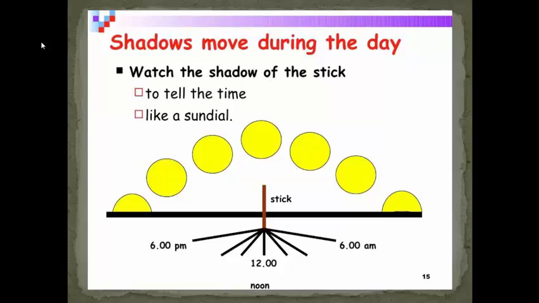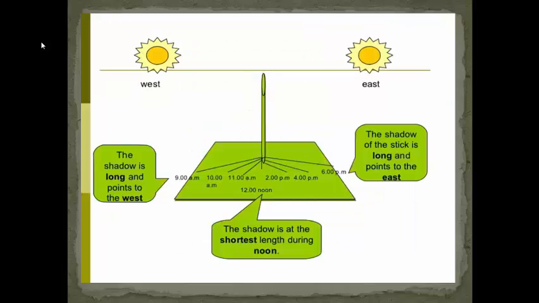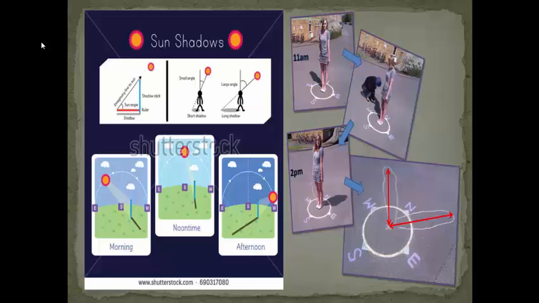And see again, as time passes, the shadow is getting a bit longer again. Why? Because the sun is going lower in the sky. Now, at 6 p.m., the shadow is stretching out towards the east. So, this is how people used to find the time when there were no watches. Hope now you have understood the concept of how a shadow forms from morning till evening.